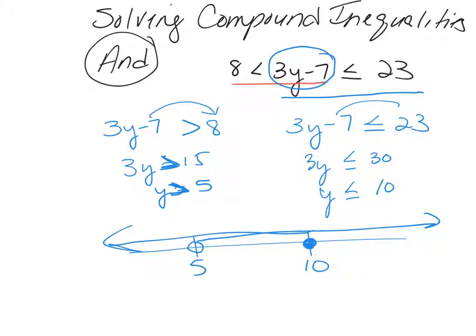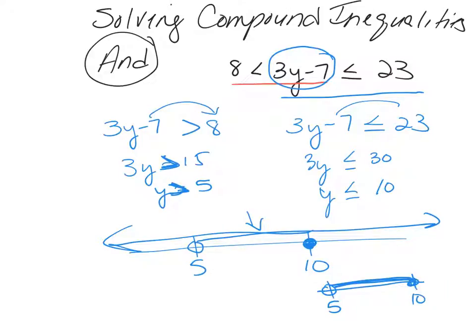But that is not the graph you're going to put on your paper, because the "and" question is where it overlaps, correct? So all you're going to put on the picture is from 5 to 10 with the line in the middle, because that's where it overlaps. That's where the two lines overlap each other.